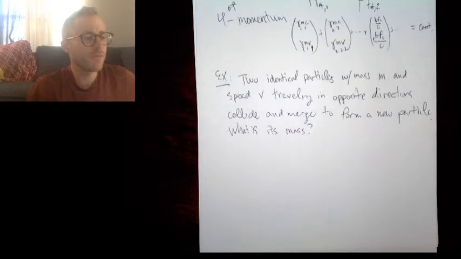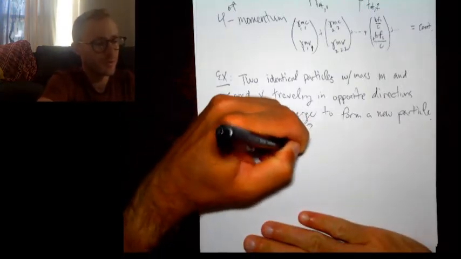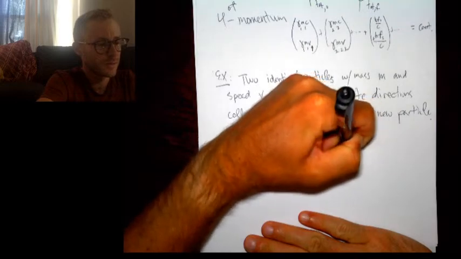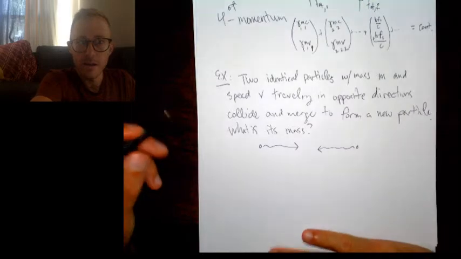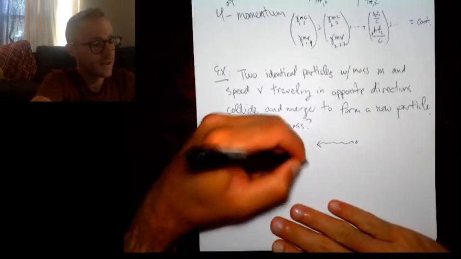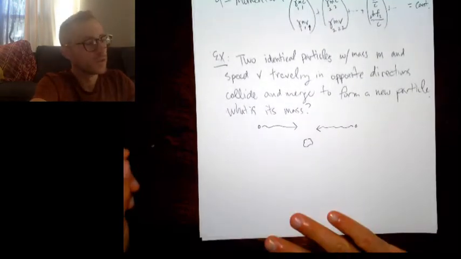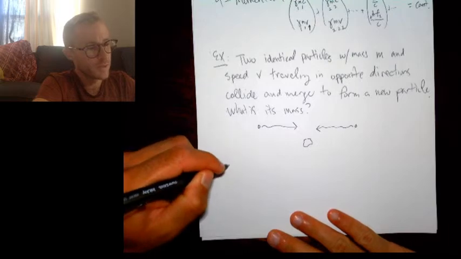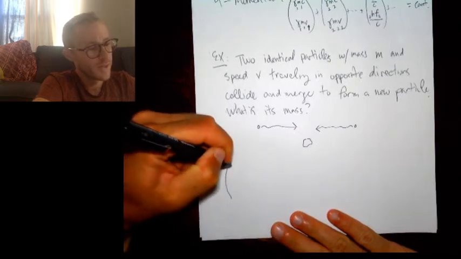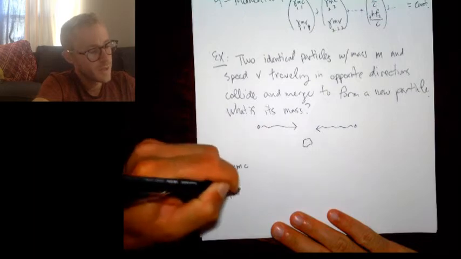So basically the picture of what's happening is we have two particles. Okay. And they collide and they make a superparticle. Okay. So what is the initial momentum? The initial momentum is gamma mc, gamma mv.